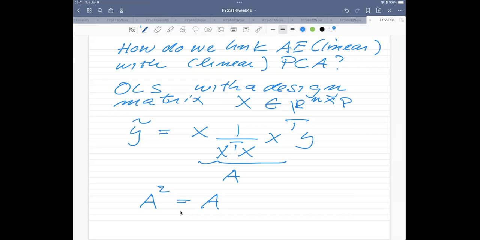So y tilde is now given by an idempotent matrix, which functions as a projection matrix, where the projection is done in the basis of column vectors of the design matrix. This is given by A squared times y, which is the same as A times y.